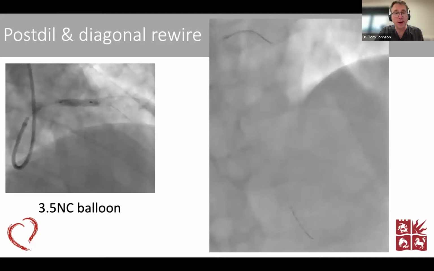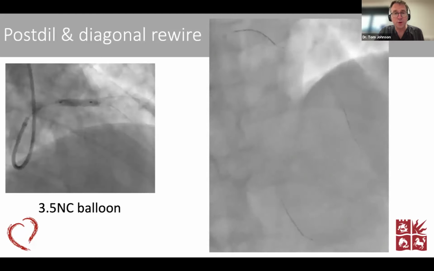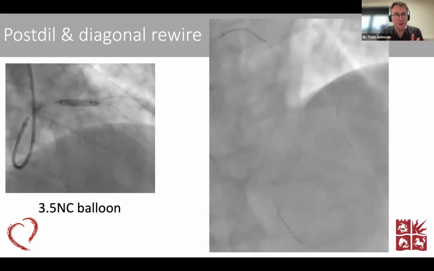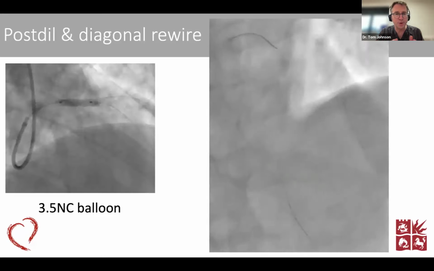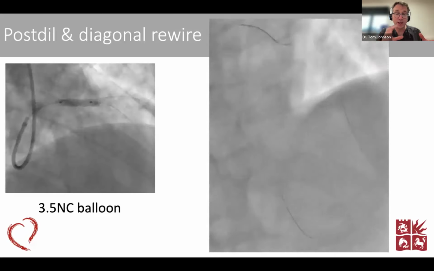Okay, so I went about, I wasn't happy with it, but before it, again, this is about trying to then rationalize the decision making during a procedure. So I asked for the team to bring the OCT so we connect up the pump so that we can do an injection.